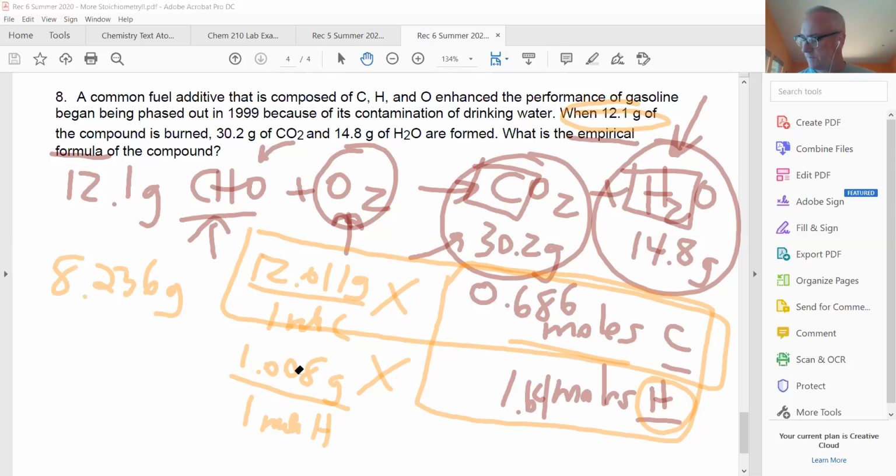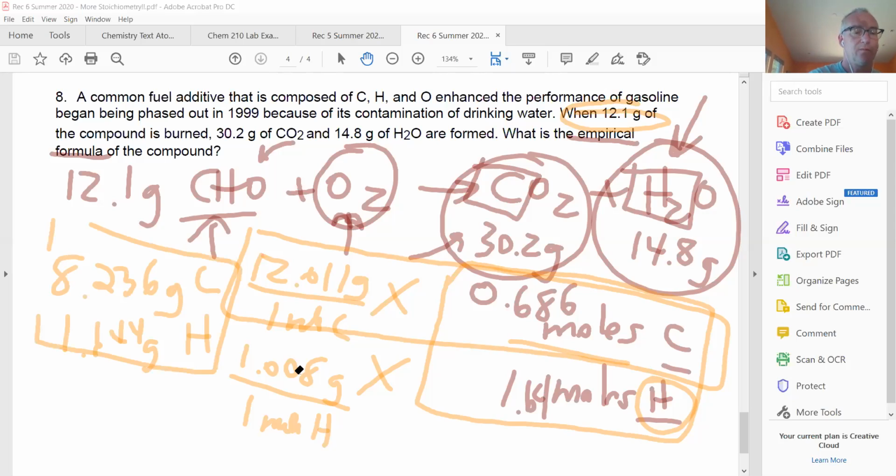And hydrogen? 1.644 grams of hydrogen. And so the remainder has to be oxygen. So it would be 12.1 minus these two, and whatever's left over has to be oxygen.